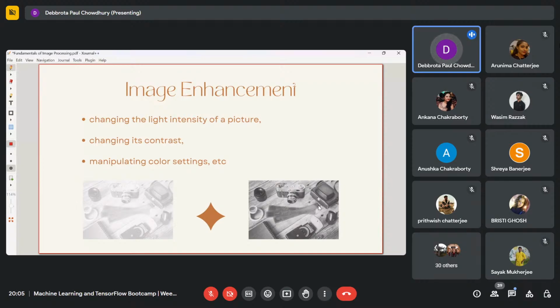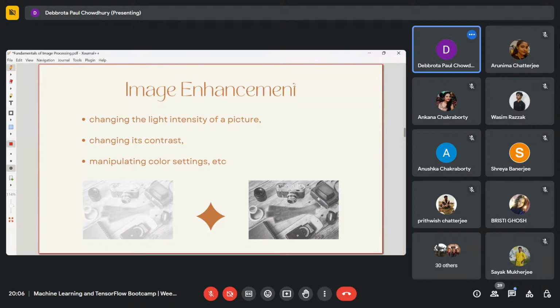So what is brightness? If we talk about brightness, brightness is lighter, right? If more bright, more light. If less bright, more dark, less light.